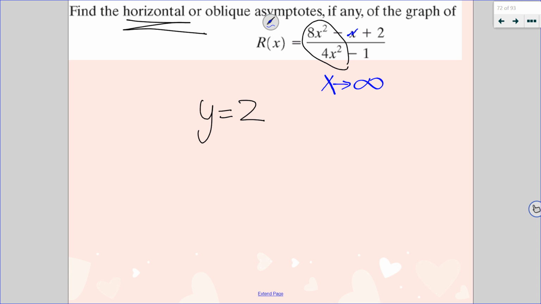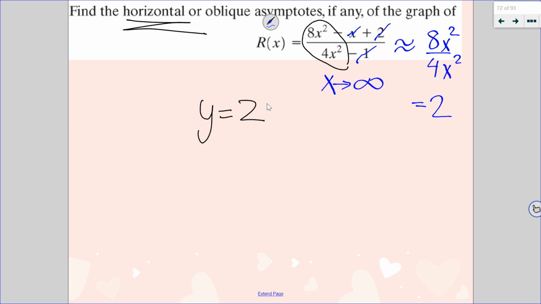So the minus x and the 2 become negligible as x goes to infinity. Squaring things makes them so much bigger compared to just x or the 2. And in the denominator, the minus 1 becomes negligible. So as x goes to infinity, this is approximately 8x squared over 4x squared. So it's approximately 2.